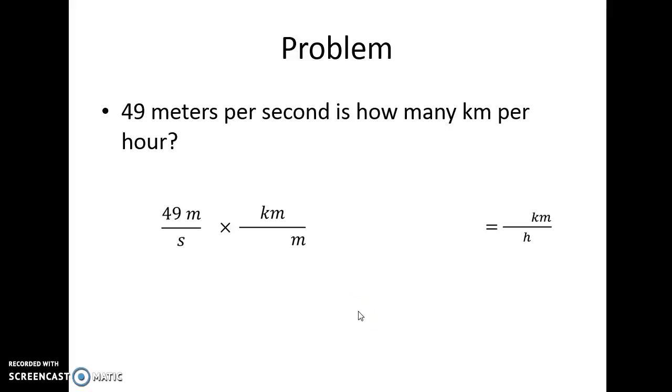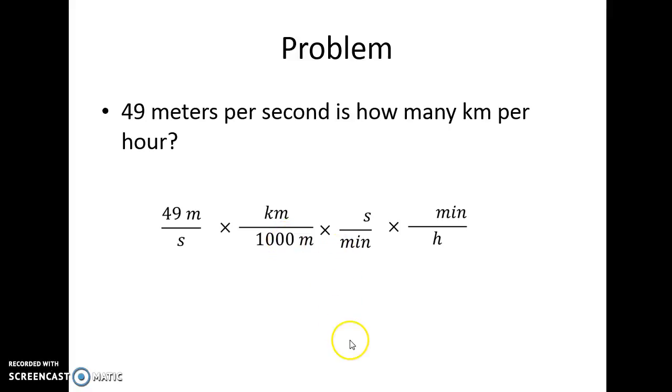Well, I don't know how many seconds are in an hour, but I do know how many seconds are in a minute, and I know how many minutes are in an hour. Notice second is in the denominator, so it has to be in the numerator in the fraction. Minute is in the denominator here, so minute has to be in the numerator here, and then that gives us hour.